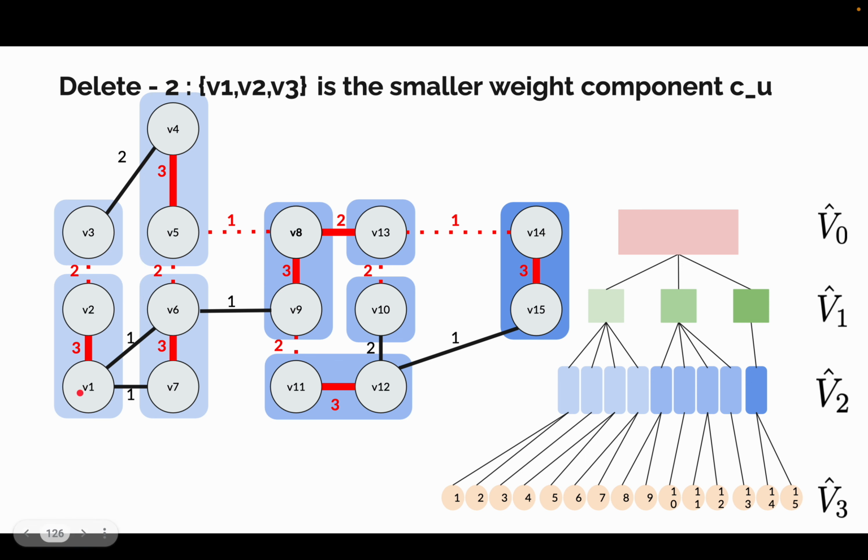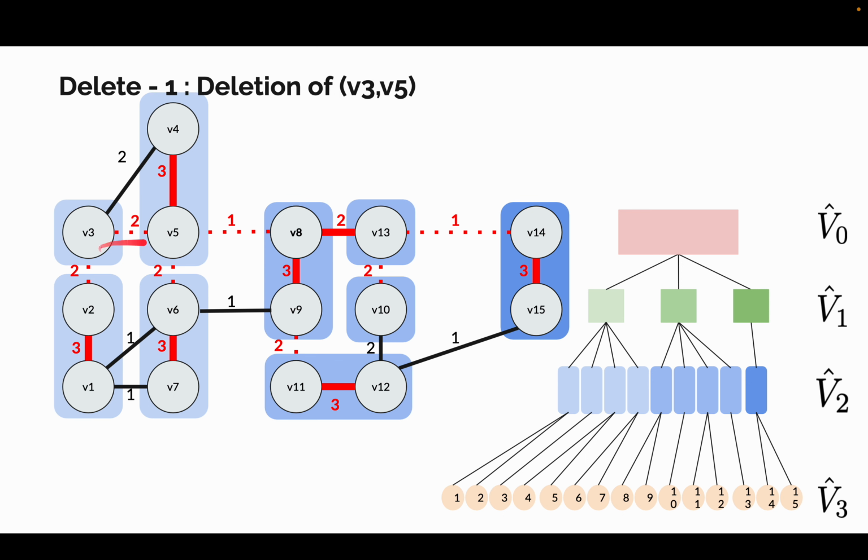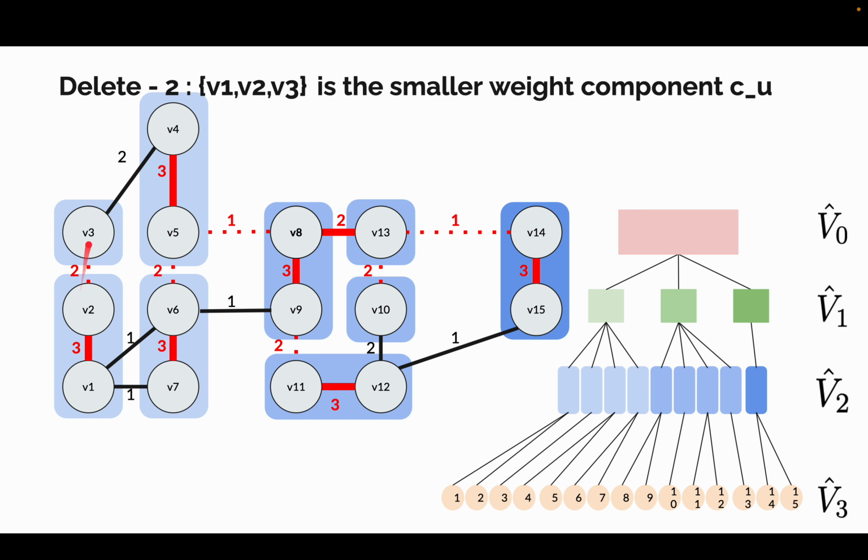So this one is CU, and this one is CV. The key point is that starting from U and V, we find all the incident vertices, and the only constraint is that they have to either already be within the connected component or be connected through a depth of i. In this case, i is 2, so we only consider these two edges. This is 1, so we are not considering 1 here.